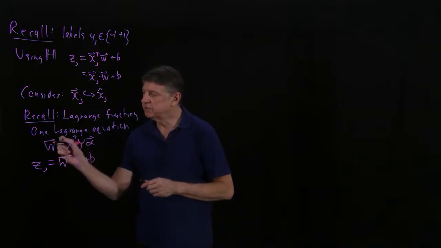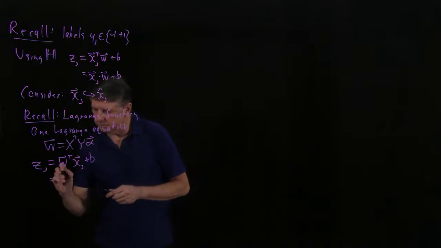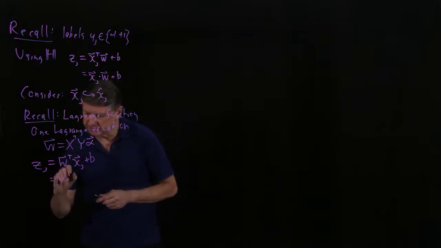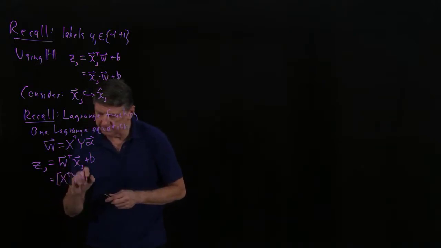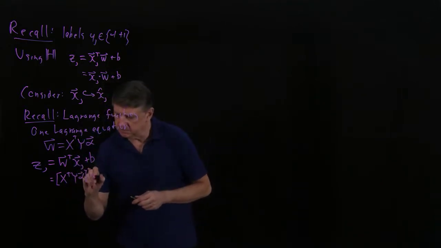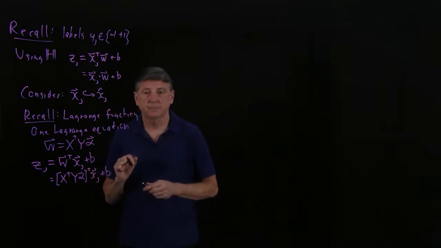Now we can substitute this equation into this, so that would be x transpose y alpha, transposed, times the jth data vector plus the bias scalar.